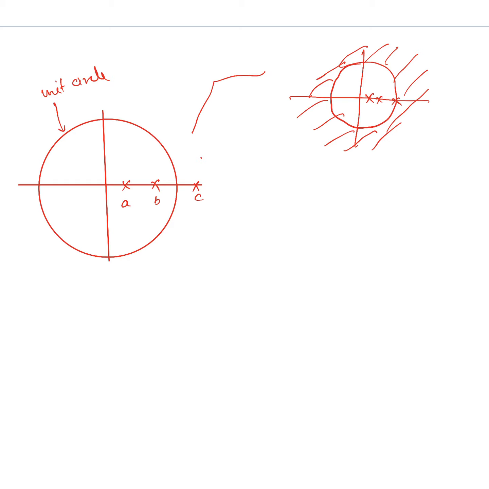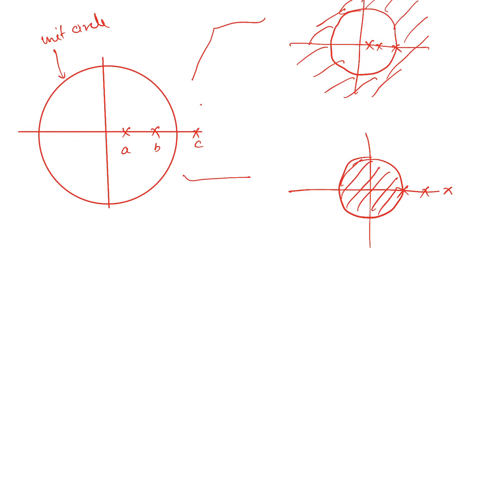The second case would be, so these three are A, B, C, and the inside region is the ROC, which is valid for the left-sided sequence, which says that the ROC extends inward from the innermost nonzero pole in X(z) to possibly z equal to 0.